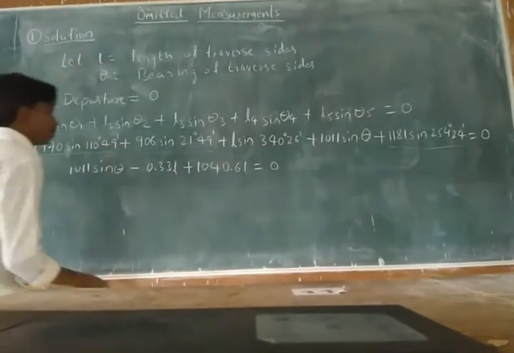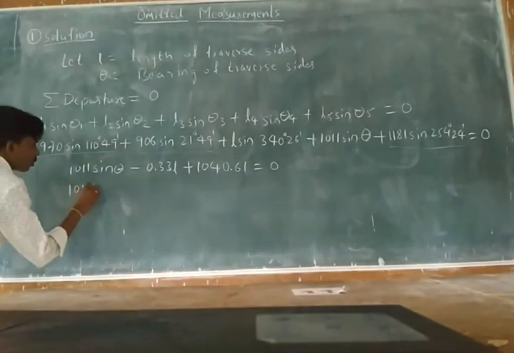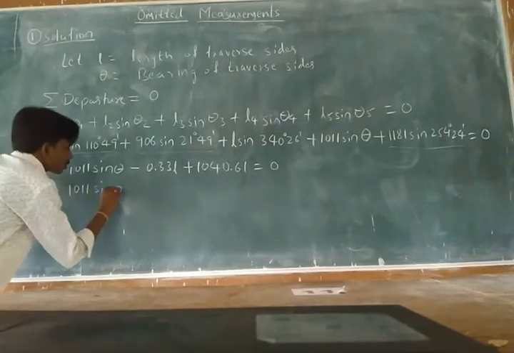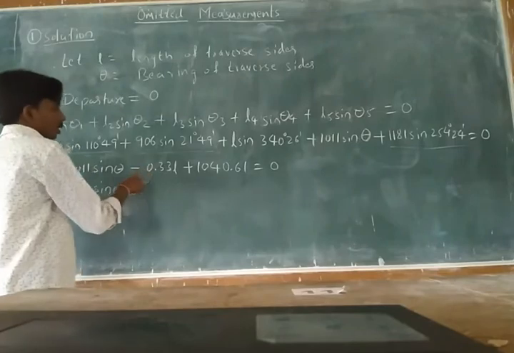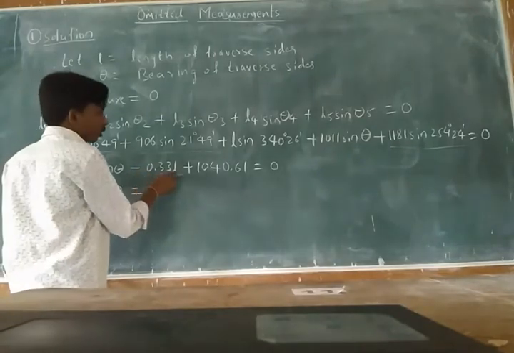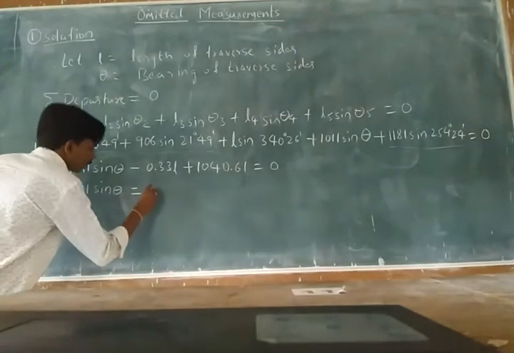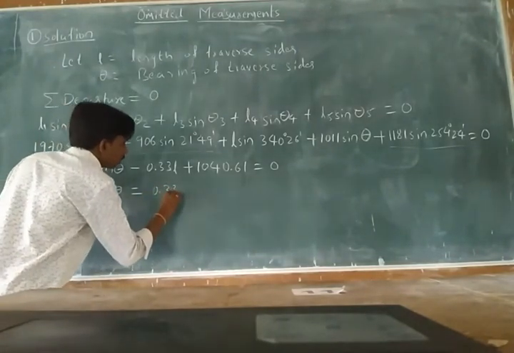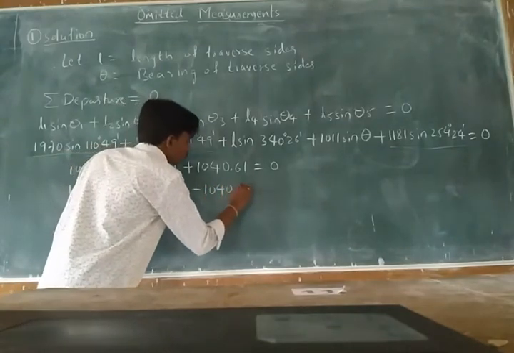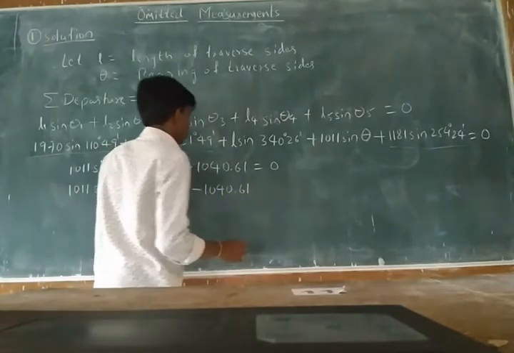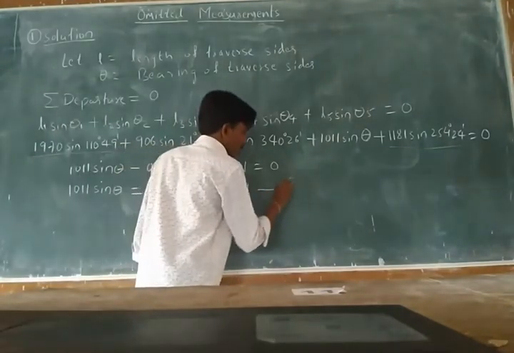So that will become 1011 sin theta, that is equal to, we are going to transfer these to the other side, so that will become 0.33L minus 1040.61. So this will be the second equation.